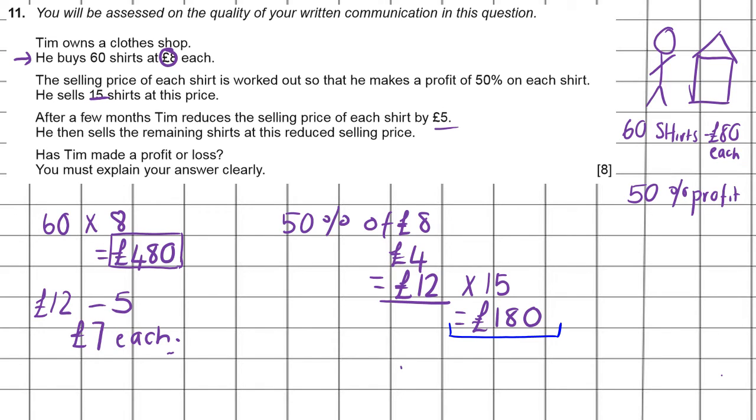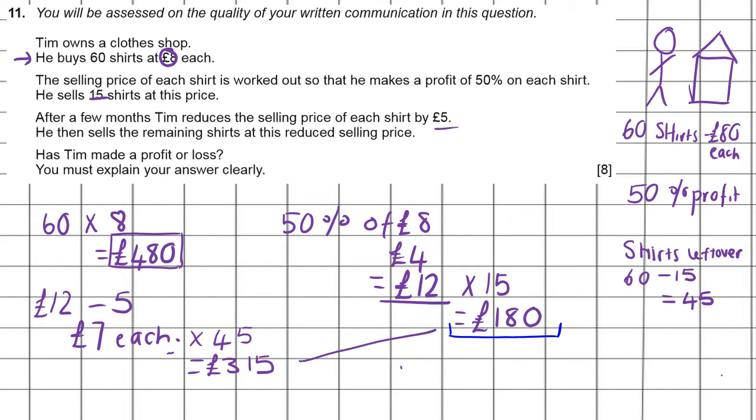Okay, so now we need to see how many shirts he has left over. So he sold 15 of them, so 60 take away 15 gives us 45 shirts left. So £7 times 45 gives us £315.